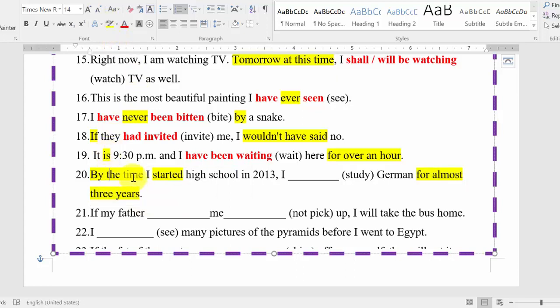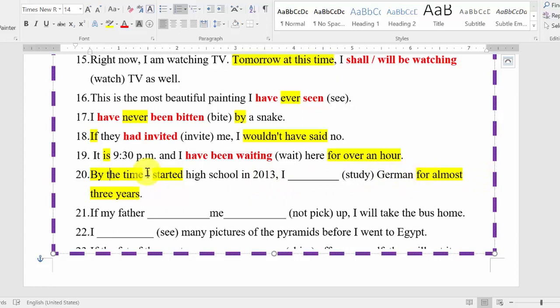By the time means 一直到, okay, 一直到我开始 started here is in the past tense, 一直到我开始上高中的时候, by the time I started. So it means that this action continued until I started high school in 2013. It has lasted for 3 years.